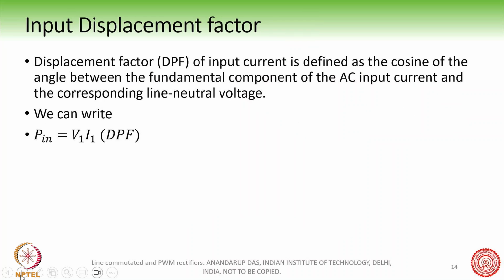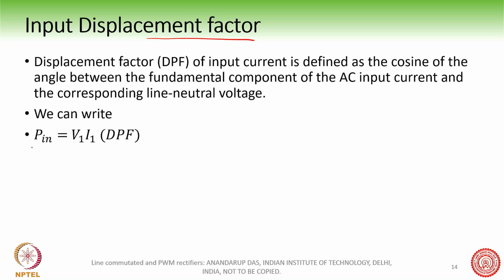Now we introduce another definition, which is called the input displacement factor. The displacement factor DPF of input current is defined as the cosine of the angle between the fundamental component of AC input current and the corresponding line-neutral voltage. So DPF is nothing but the cosine of the angle between the fundamental component of voltage and the fundamental component of current, both fundamental quantities only.